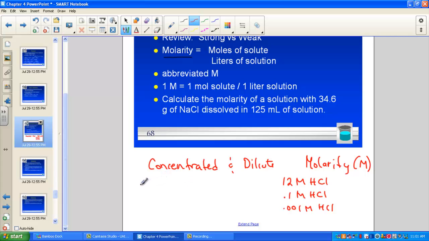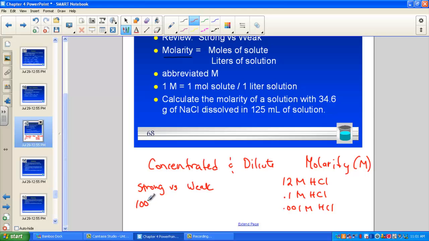I wanted to remind us that we do know the word strong and we know the word weak. So what is the difference between how we define the terms concentrated and dilute solutions compared to the terms strong and weak? Strong and weak have to do with their electrolytic properties. How well do they ionize when placed into water?